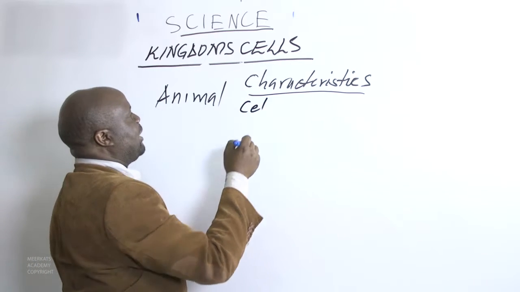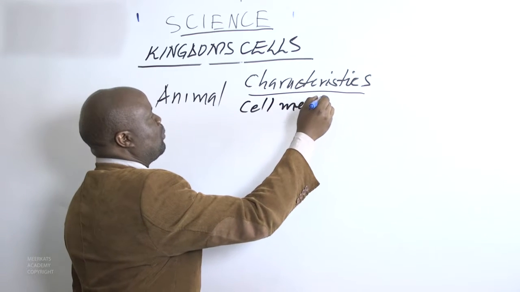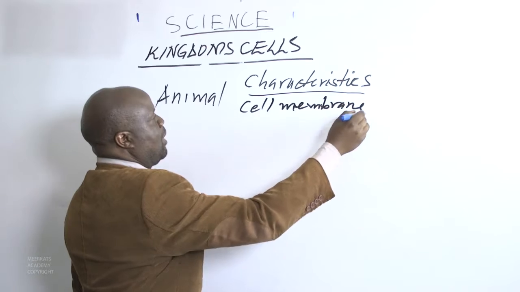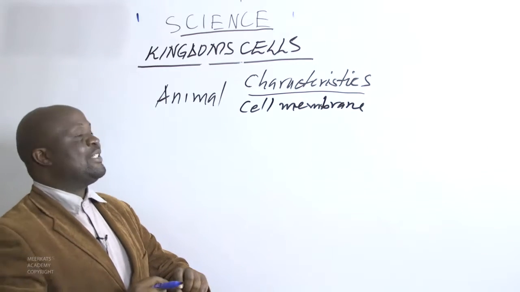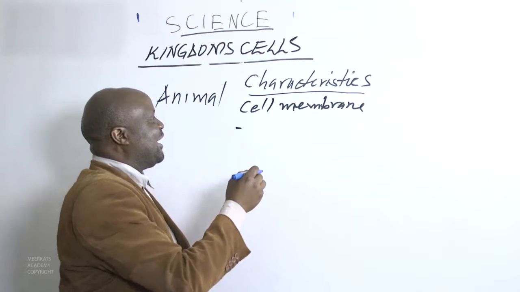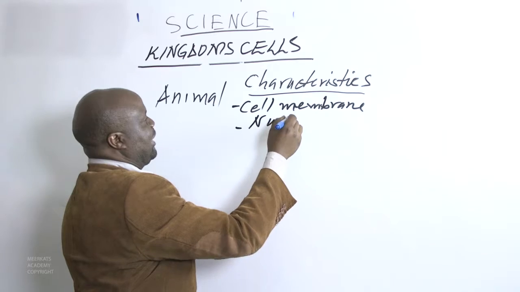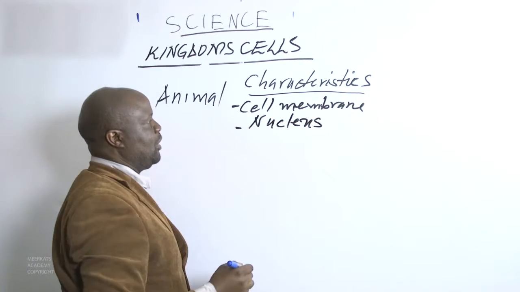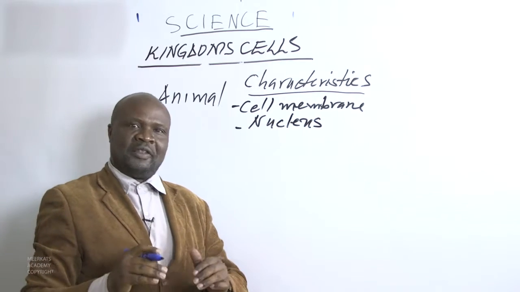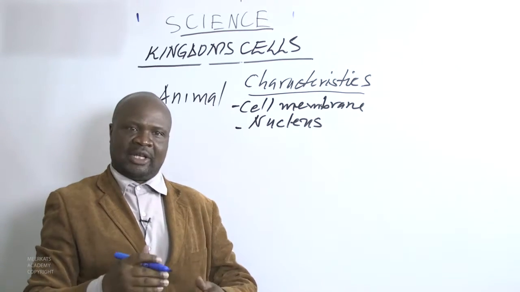So when you look closer at the cell, you find that a cell in the animal kingdom has a cell membrane, and we have said a cell membrane is the outer covering of a cell. Then from there we have said the cell has a nucleus. The nucleus, within the central point of that particular cell, controls the activities.